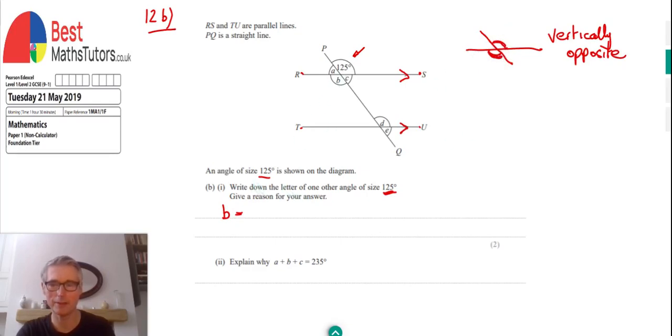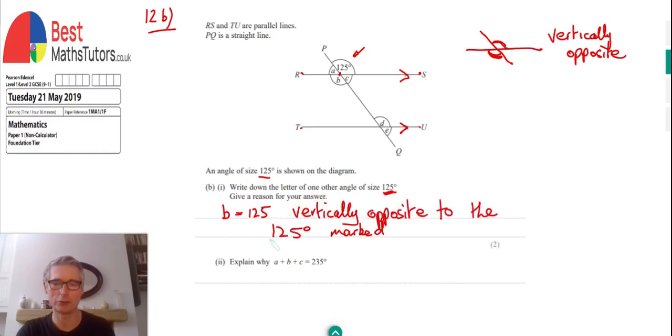So we could say that B is equal to 125 because it's vertically opposite to the 125 degrees marked. If we wanted to find another one that was 125 as well, I mean, we've answered the question fully there anyway, but we could also see that D is also 125.